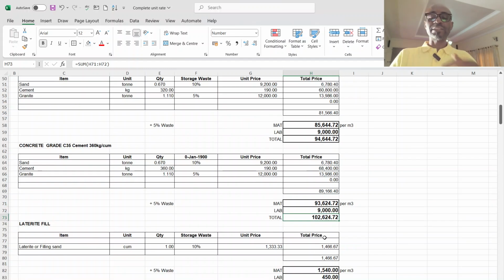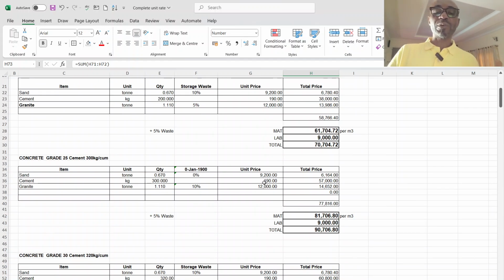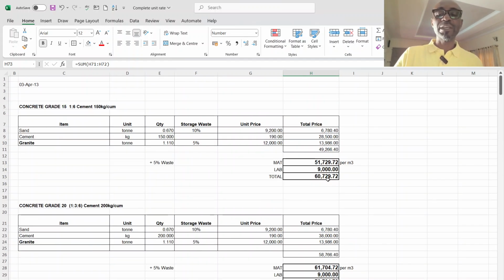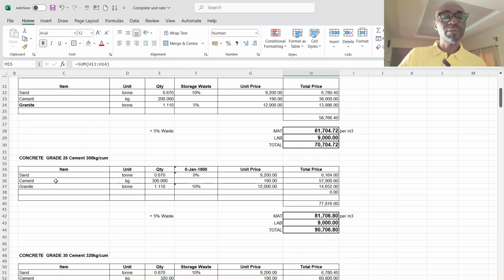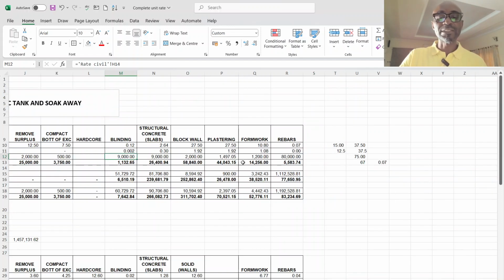But for this emphasis, we are using the PCC 150 kg and the 300 kg. That is why you see the prices are reflected here as 81 and 51.